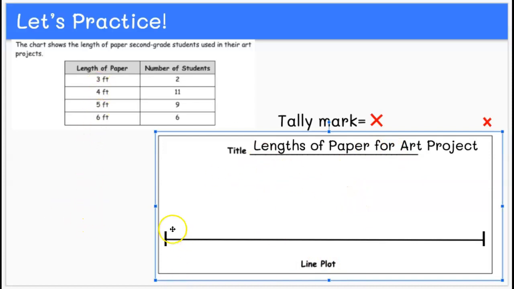Now I need to put my hash marks in, and I want to keep them equally spaced. I need at least 1, 2, 3, 4 hash marks: 1 for 3 feet, 1 for 4 feet, 1 for 5 feet, and 1 for 6 feet.